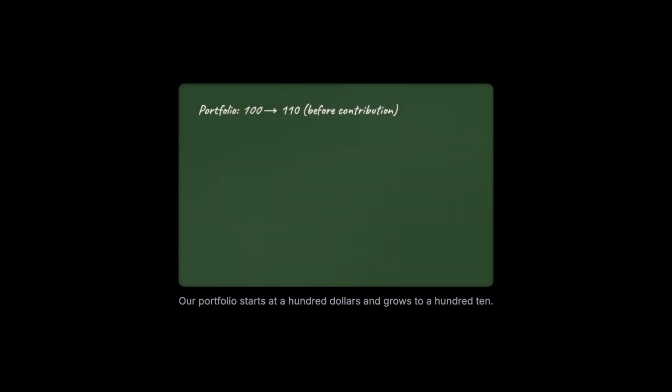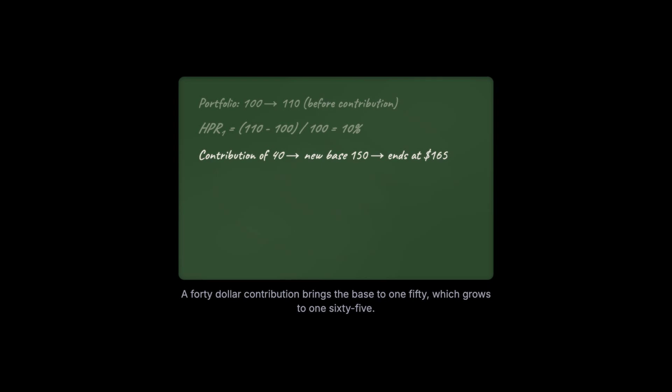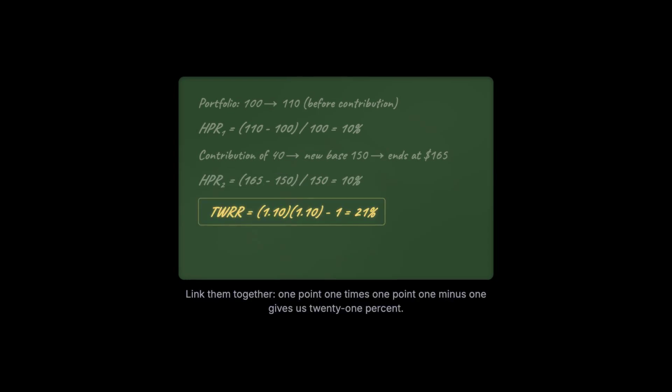Our portfolio starts at $100 and grows to $110, so holding period return 1 is 10%. A $40 contribution brings the base to $150, which grows to $165. Holding period return 2 is also 10%. Link them together. 1.1 times 1.1 minus 1 gives us 21%.